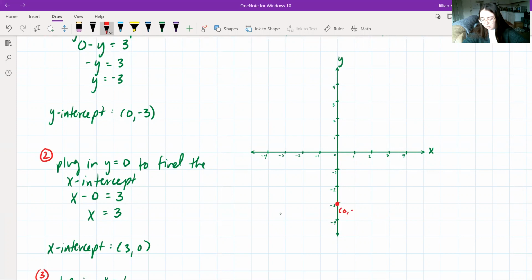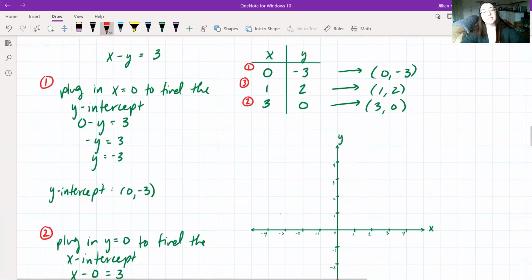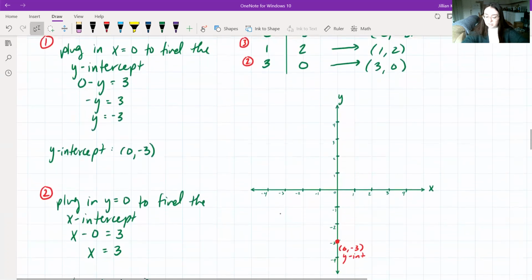We say that this is 0, negative 3, our y-intercept. Then our x-intercept is going to be 3, comma 0. So since 3 is our x value, we track over to 3, and we stop there because our y value is 0. Say this is 3, comma 0, or our x-intercept.